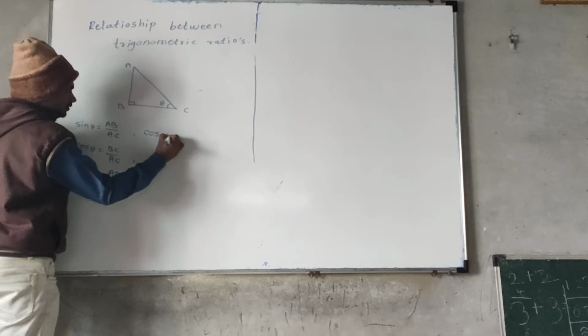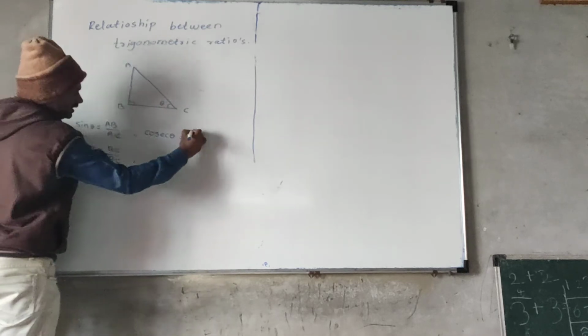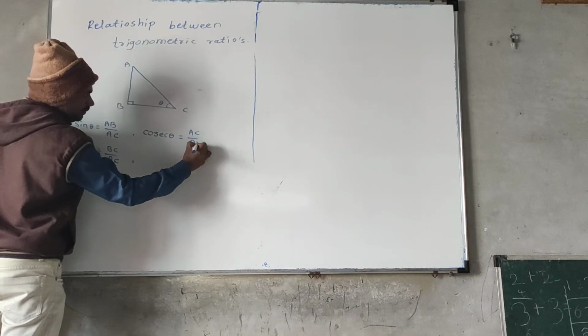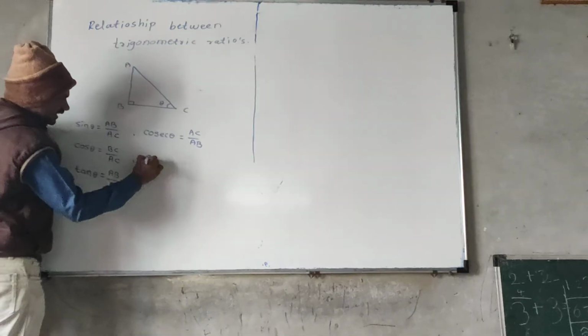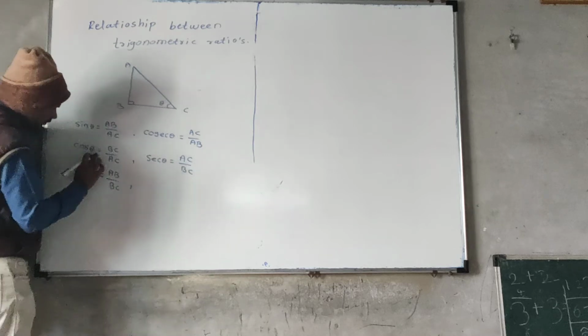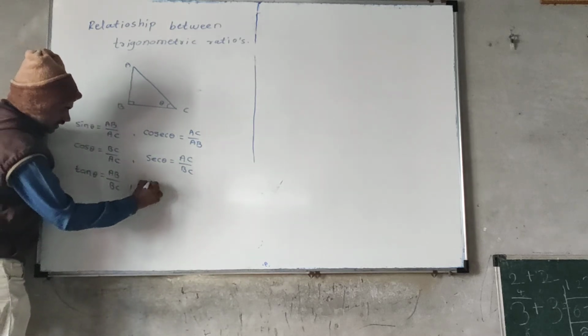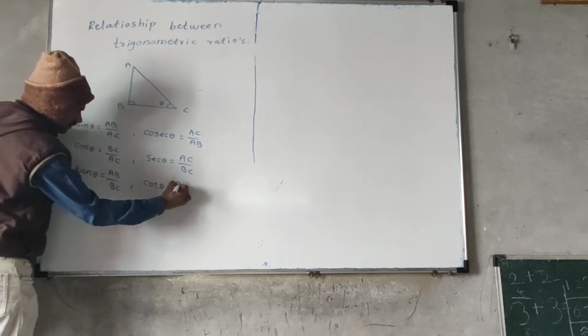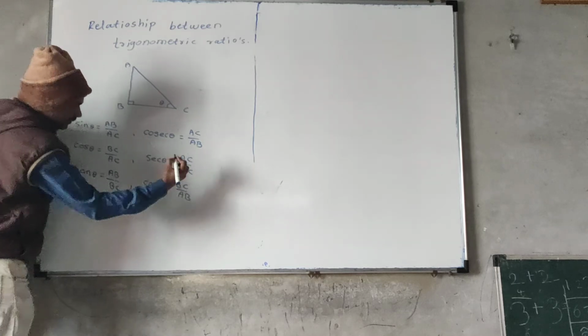Cosec theta is equal to, only take the opposite of this, AC upon AB. Sec theta is equal to AC upon BC, opposite of cos, and cot theta is equal to BC upon AB.